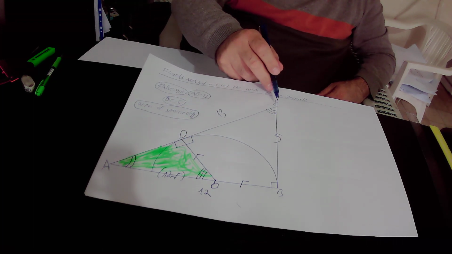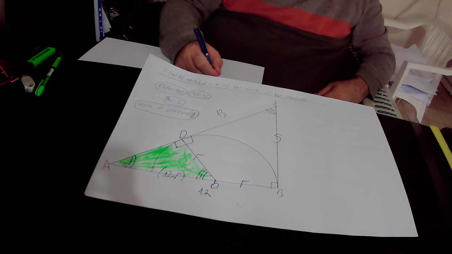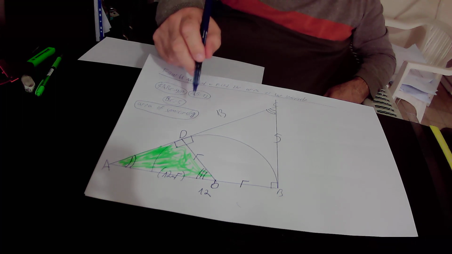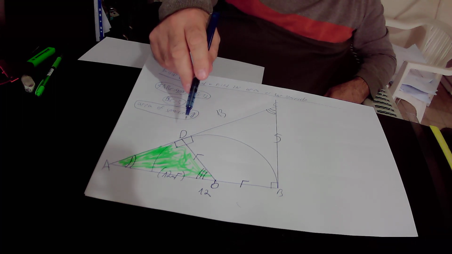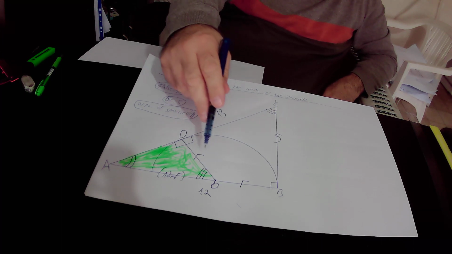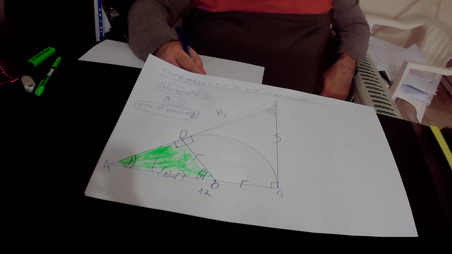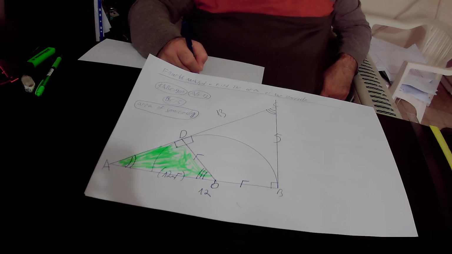So this angle, angle ACB, is equal to this angle, angle DOA, and they are equal to each other according to the third angle theorem.